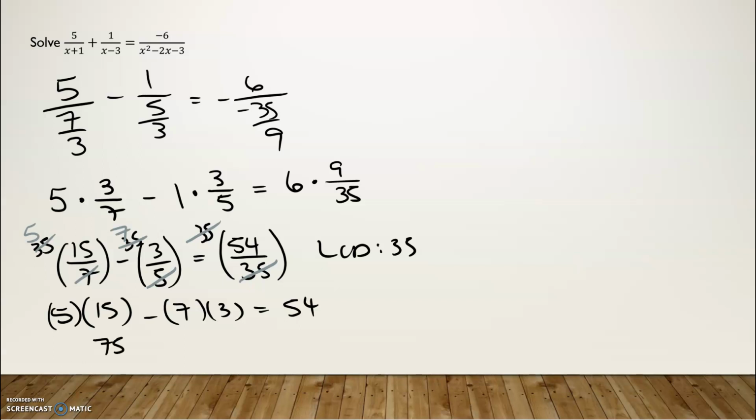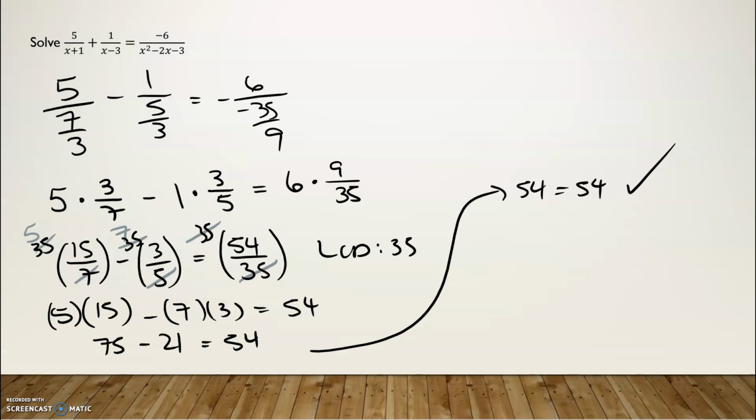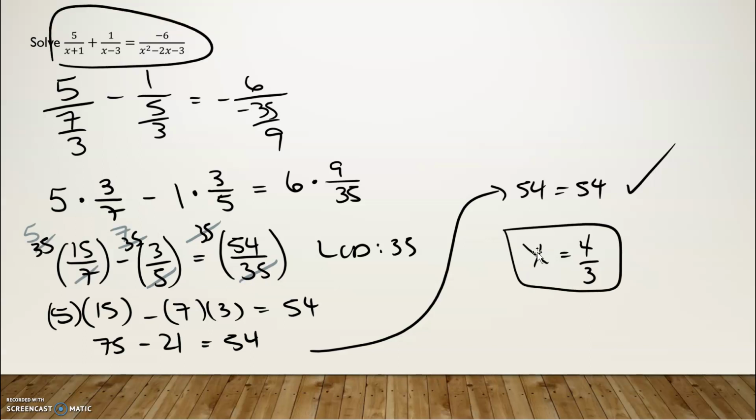So then I have 75 minus 21 equal to 54. And 54 is equal to 54. So that means that x equals 4 over 3 was our answer for this equation.